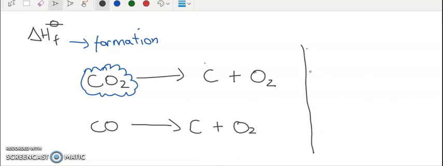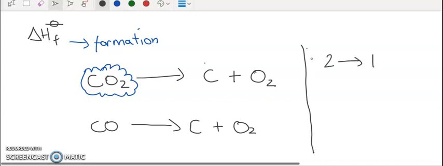Talking mathematically, if I want to make a 2 into a 1, I have to multiply it by half so that the 2 and 2 get cancelled. Similarly, if I want to make 3 a 1, I need to multiply it by 1 over 3.